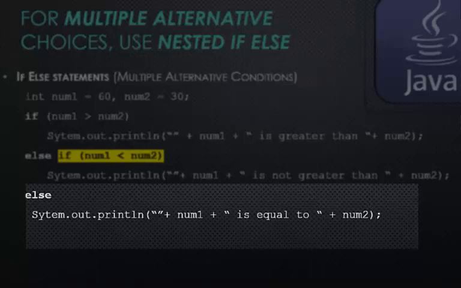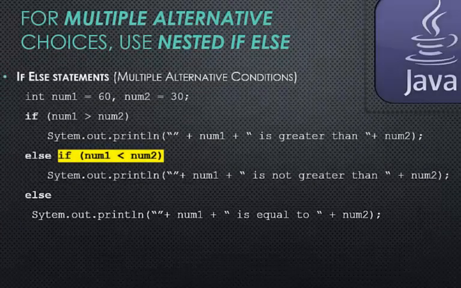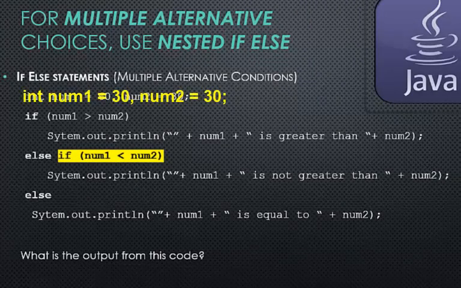And so the third message we see here under the final else is num1 is equal to the value of num2. If we make the values of num1 30 and num2 30, what is the output from the code?